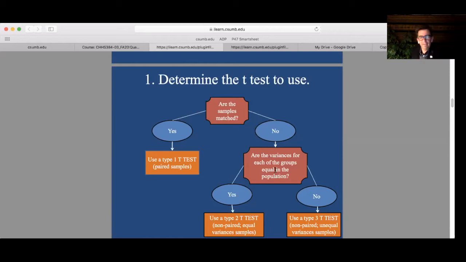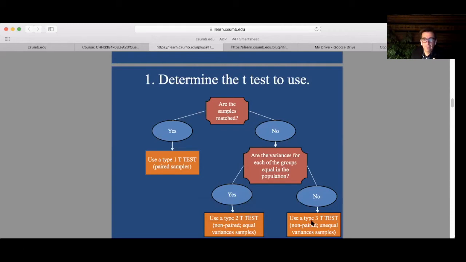You have to ask yourself, hey, is the variance for each group different in the population for this variable? Like, is the variance or the standard deviation for GPA for male students different than the standard deviation for the GPA for female students? And if you think they are equal, then you have to use a t-test with equal variances, right? So this is the type 2 test.